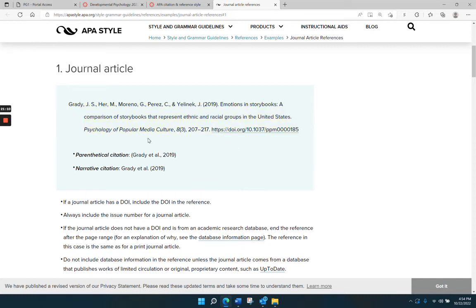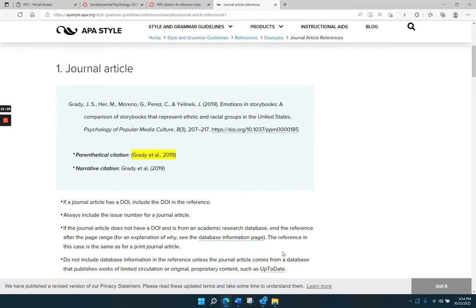And then what's nice about this, it not only gives you the reference, but how you should cite it. So here's the authors and the year. That's pretty much what you need for the citation. What's nice about APA style is that if you have 3 or more authors, you don't have to write them all out.